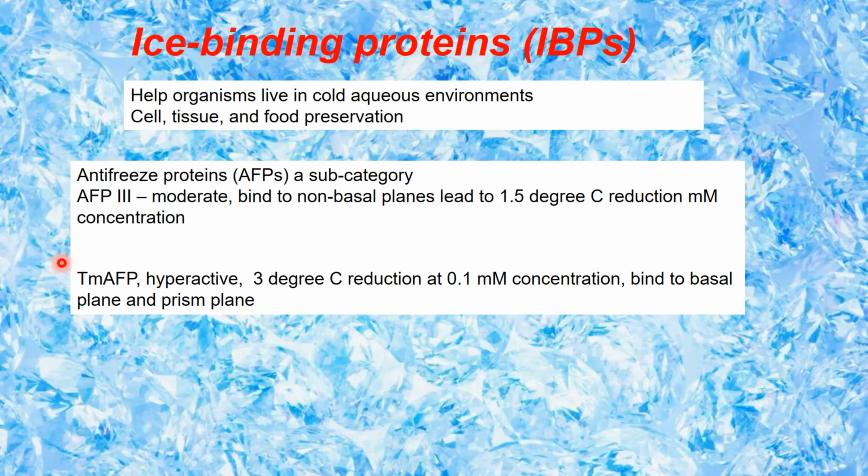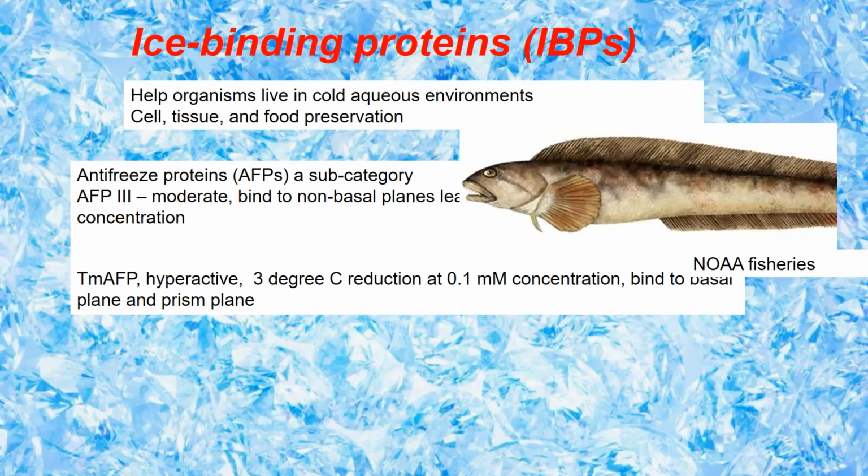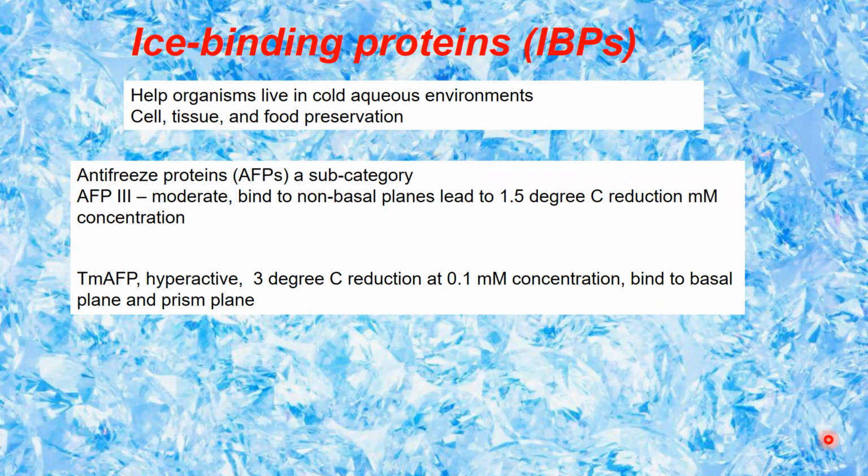Now, this work studied two different kinds of antifreeze proteins, which are a subset of ice-binding proteins. One is AFP3, which comes from this ocean pout, which lives in the Arctic. This is called a moderate antifreeze protein. It binds to the non-basal planes, and it leads to 1.5 degrees freezing point lowering at concentrations of only millimolars.